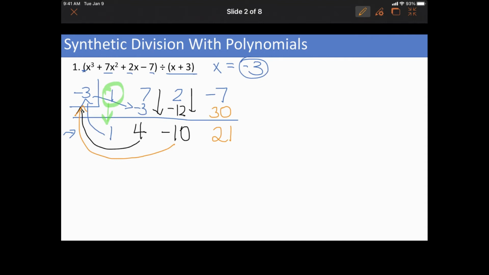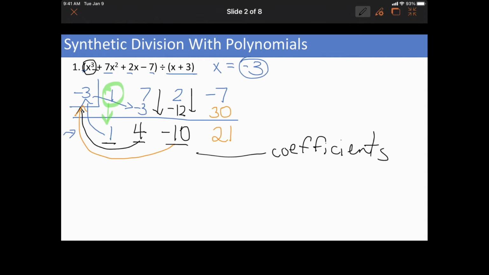So then what do you do? Just like it's a bunch of random numbers. Yes. Now, we started at x cubed here, so these numbers are the coefficients of your answer.